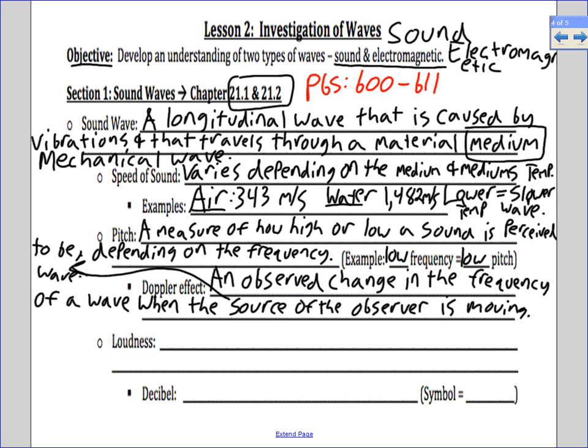All right? An example of this would be an ambulance. And you could be standing on the curb, and as the ambulance goes by, you'd hear that Doppler effect. It'd get louder, and then once it passes, it starts to get farther and farther away.